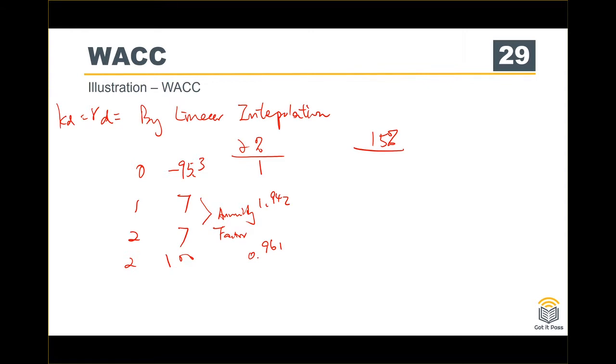For 15%, the annuity factor is 1.626. For 2 years, the present value factor is 0.756. So here we got these numbers, 93.6 for now. You have the cash outflow.